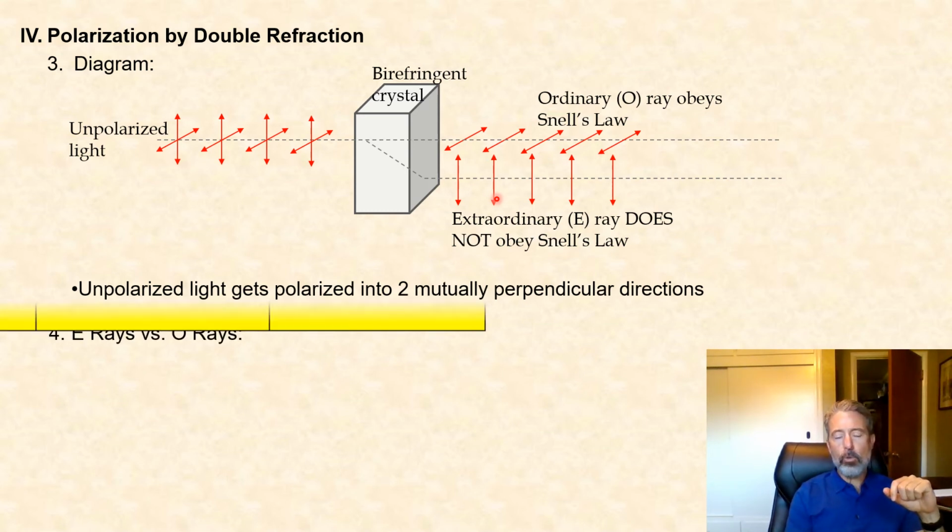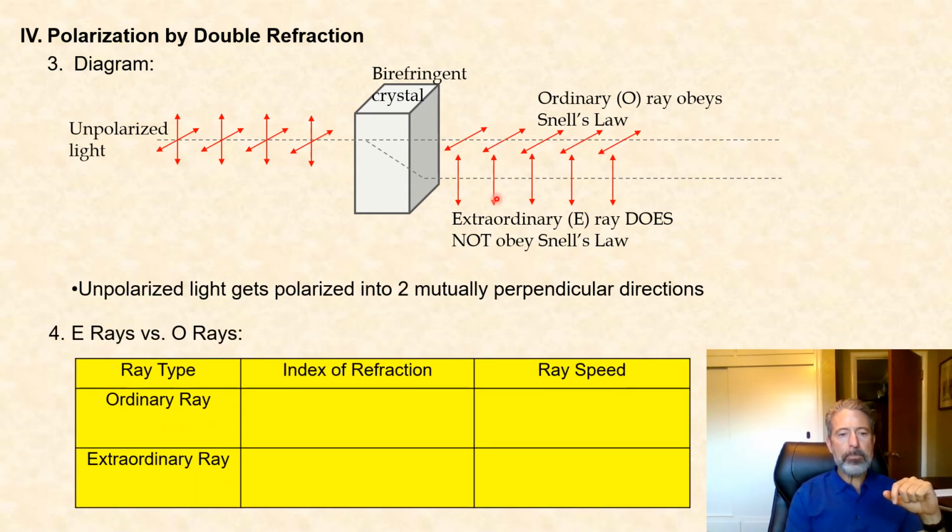So a little more about ordinary and extraordinary rays. It turns out that the ordinary ray has an index of refraction that is the same in all directions.